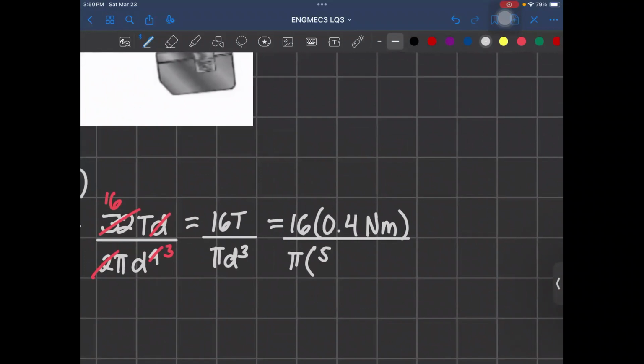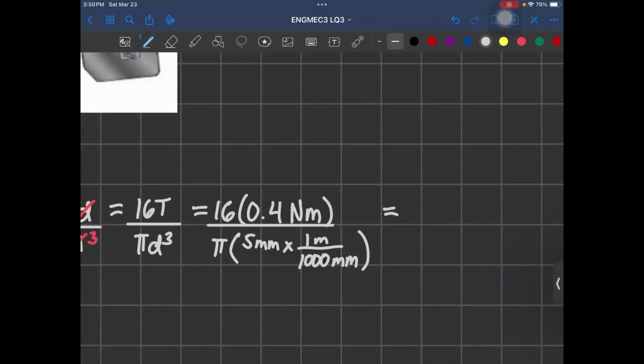That's 5 mm times 1 meter per 1,000 millimeters. We forgot the cube, sorry, so let me just fix that.